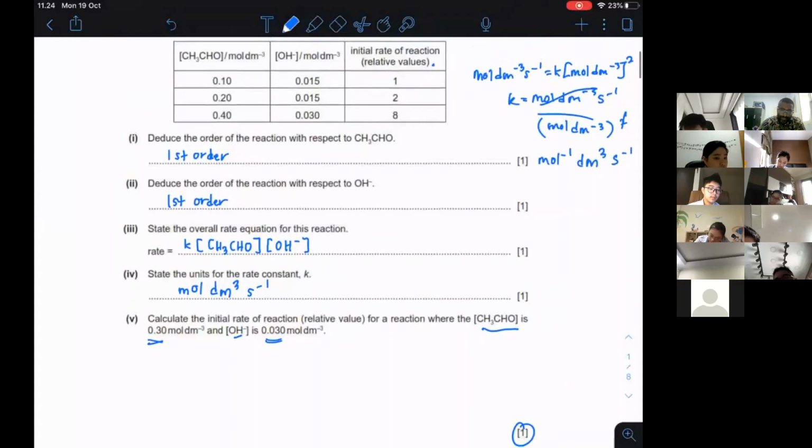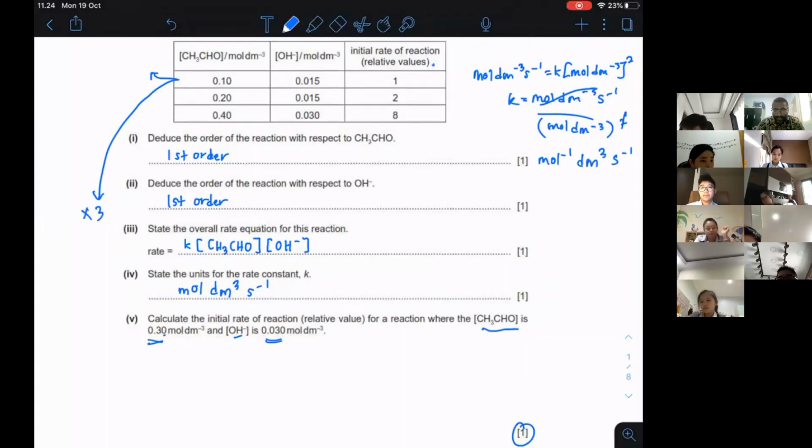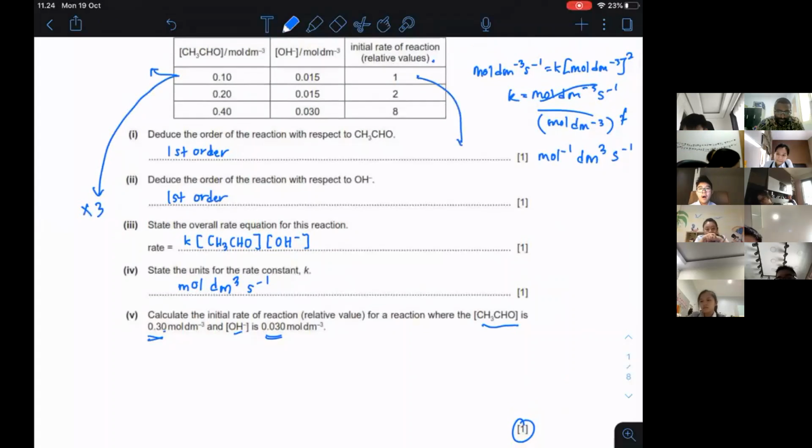We just deduce. Let's say I use this one, 0.1. When it becomes 0.3, it means that this one is times by 3. It means the rate must also times by 3, first order. And then when I look at OH minus, it is from 0.015 to become 0.03. It means I times by 2.